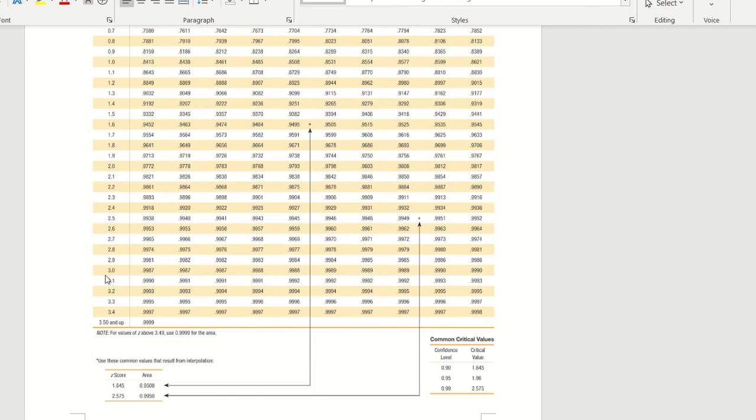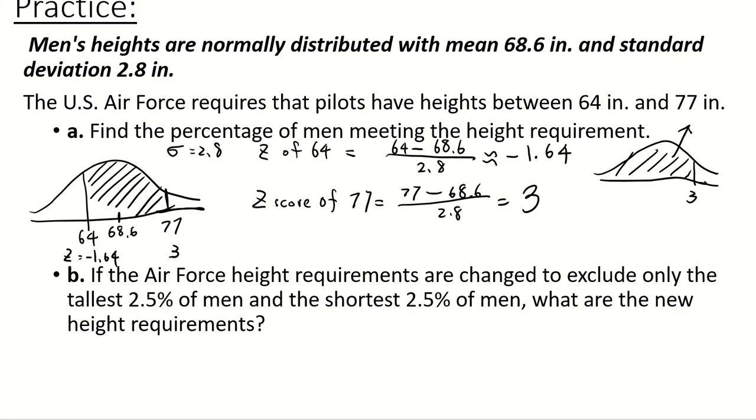Anyway, the area to the left of 3 is 0.9987. Now let's find the area to the left of the z-score of negative 1.64, which is this area.